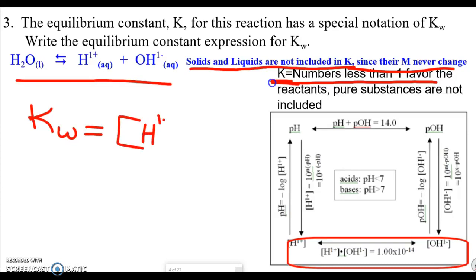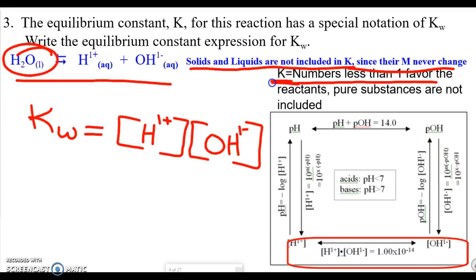So I put the hydrogen ion in there like that, and I close it up. That's the molarity or concentration of our hydrogen ions. Then I do the exact same thing for our hydroxide ions. And I leave out this water, which is a liquid. They're just never included in K expressions. So that is our K value for a water molecule, an acid-base reaction.